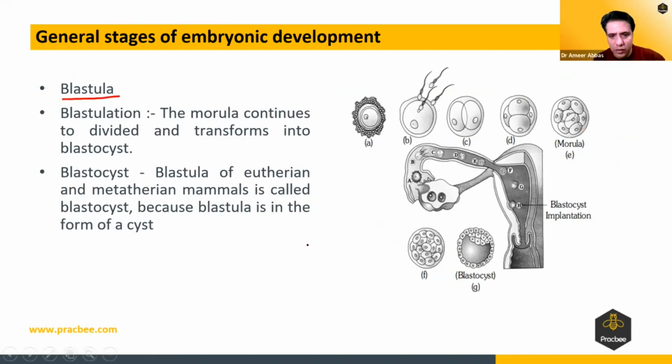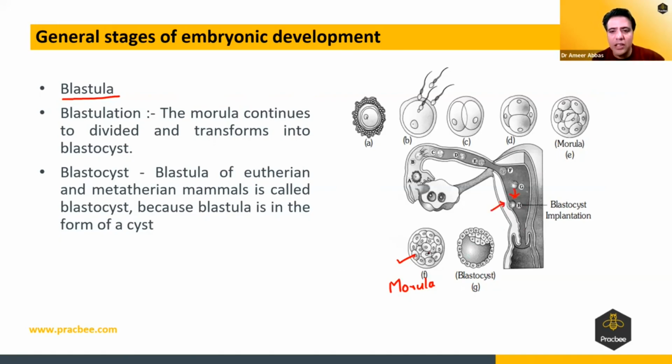Now listen. Okay, so what will happen? You can see here, this is the morula. Now, when the blastocyst reaches the uterus and tries to embed into the uterine wall, what happens there?